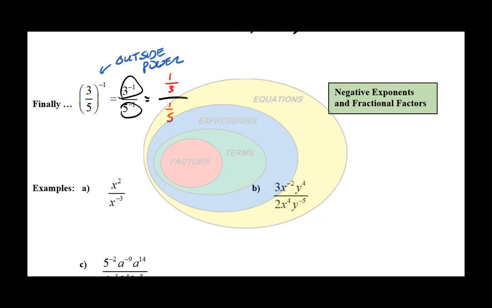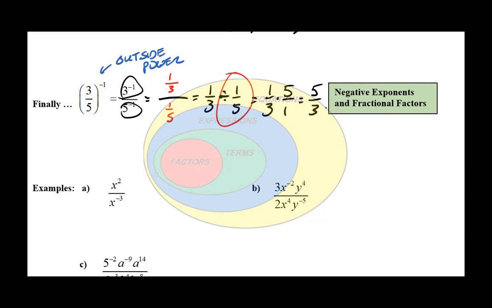So this, again, is a division problem. This would be the same as 1/3 divided by 1/5. If we invert and multiply our divided fraction, we would get 1/3 times 5 over 1, which is the same as just 5 over 3.